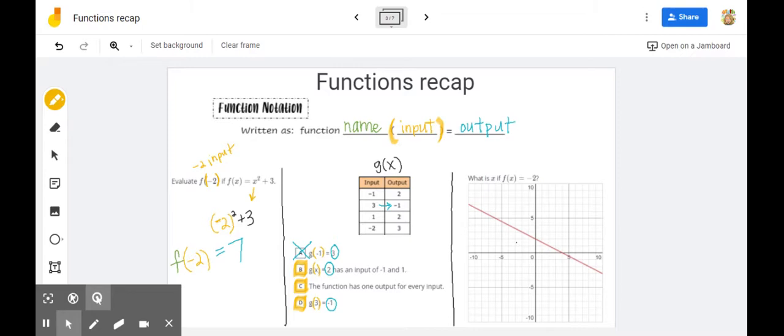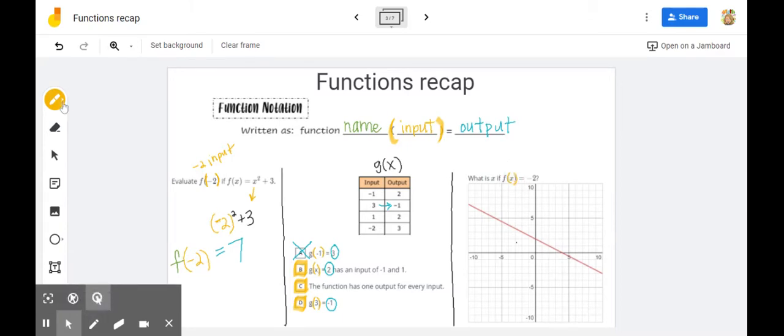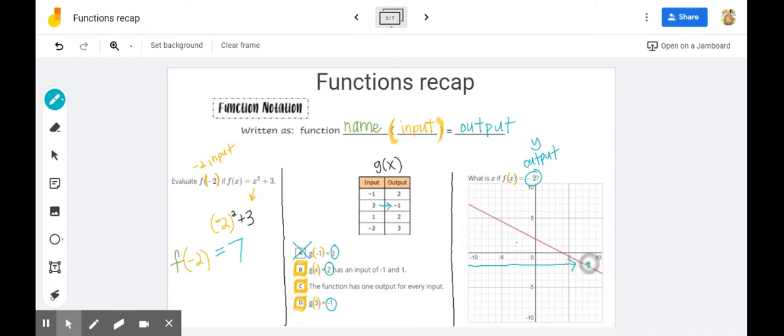Now, another way you can also take a look at this, guys, is sometimes they'll give you the graph. And that's like this third one where it says, what is x if f of x equals -2? So if they give that to you, x is your input. I don't know what that is, but I do know that my output is -2. Now remember, outputs on a graph are the y value. So if I go down here to -2 on my y-axis, I'm going to follow it and count how far to the right I go before I actually touch that red line.